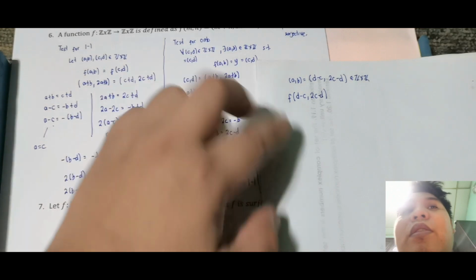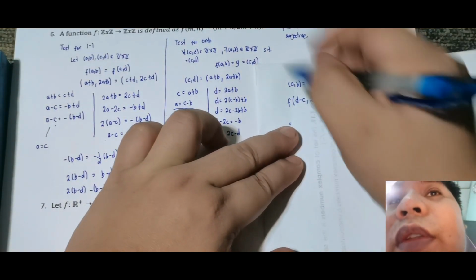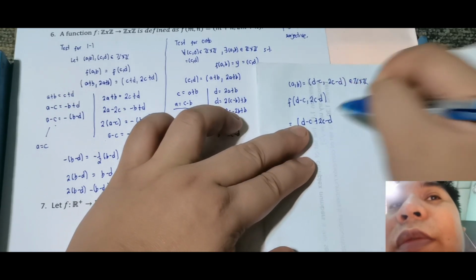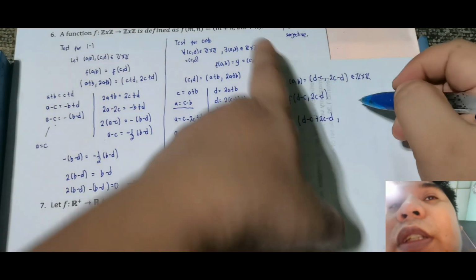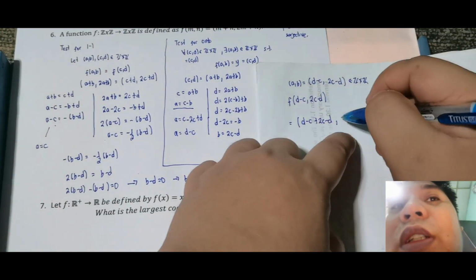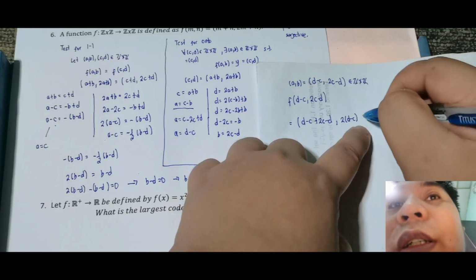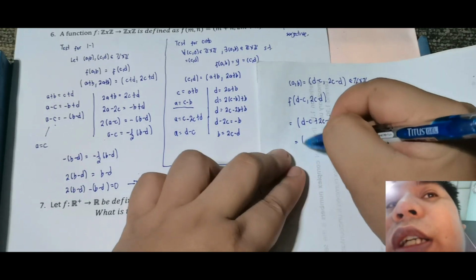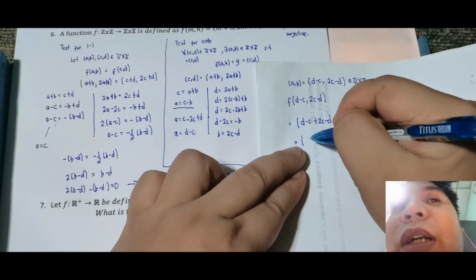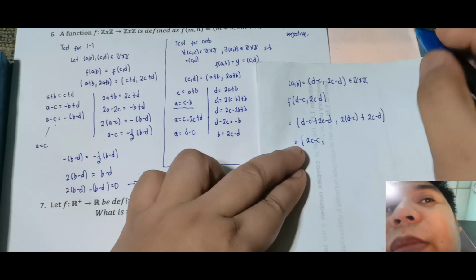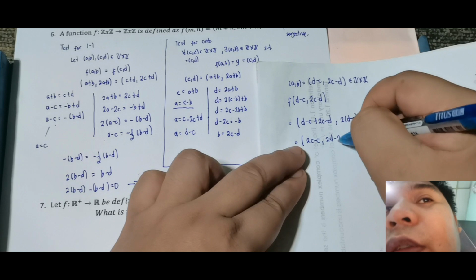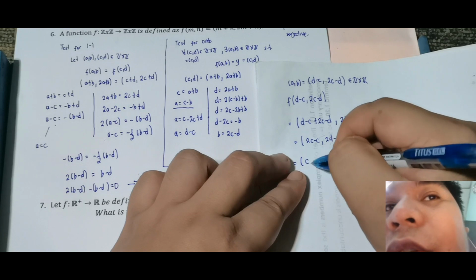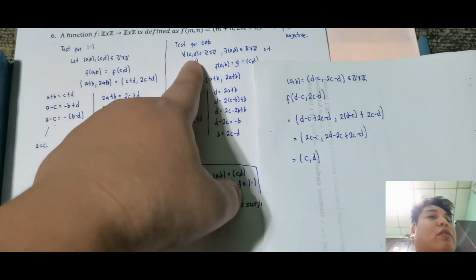So, pag pinalit natin yan doon, this is equivalent sa M plus N, so that is D minus C plus 2C minus D. Okay, this is 2M, so multiply ko to by 2, so this is 2 times D minus C plus N, which is 2C minus D. So this is equal sa, obviously cancel si D, so 2C minus C na lang yan, so 2C minus C, this is 2D minus 2C plus 2C minus D, which is equal sa C, D, which is yung conclusion natin.